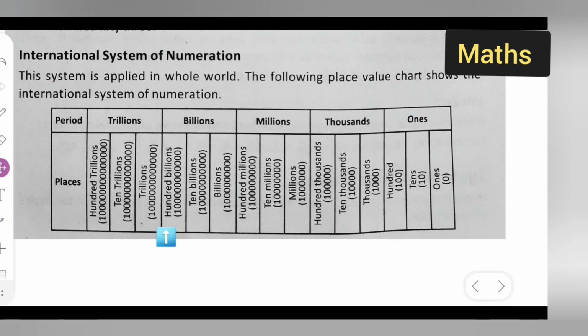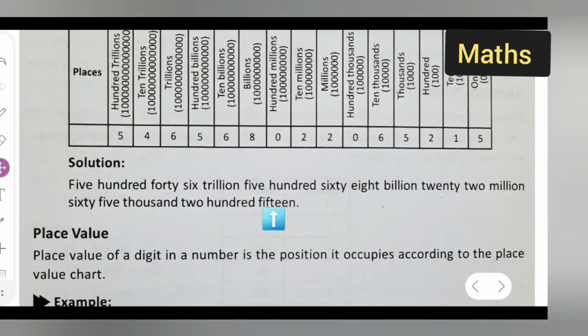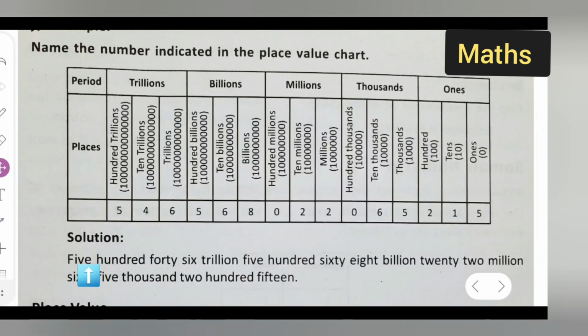Then comes trillions. Here you'll have to name the number indicated in the place value chart. Place values are given: ones, thousand, million, billion, trillions. So 546 trillion, 568 billion, 22 million, 65,215.